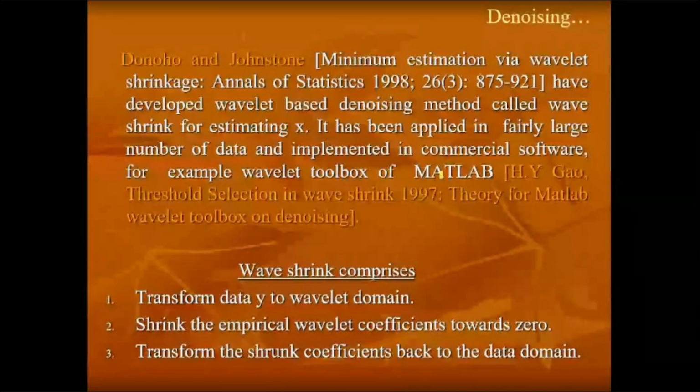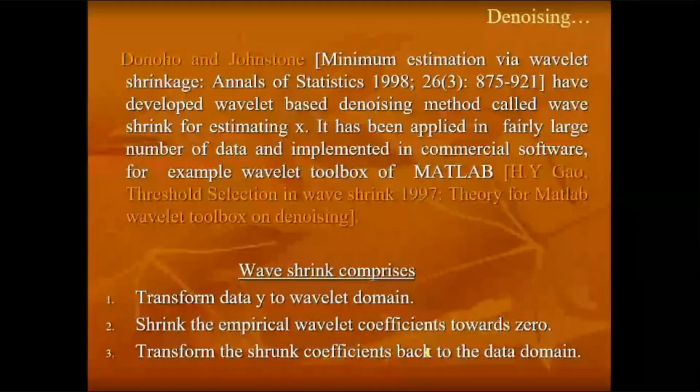It is very effective. How does WaveShrink work? First, transform the data Y to the wavelet domain. The second step is to shrink the empirical wavelet coefficients towards 0. Then transform the shrunk coefficients back to the data domain.